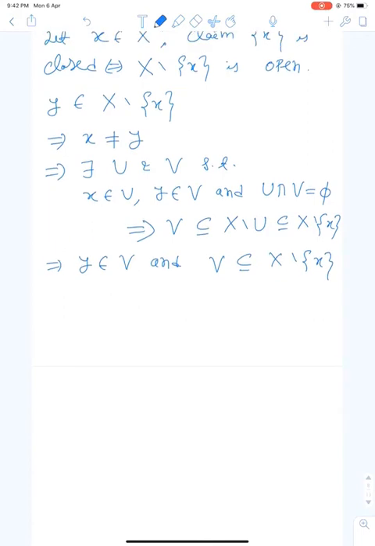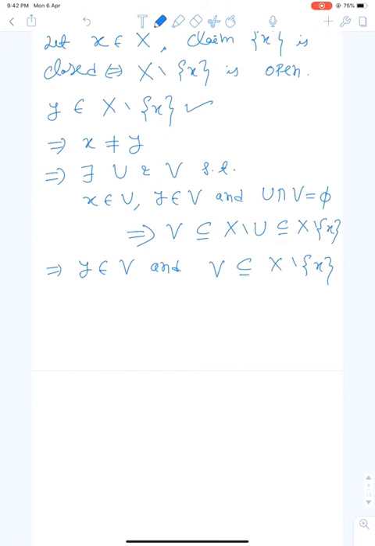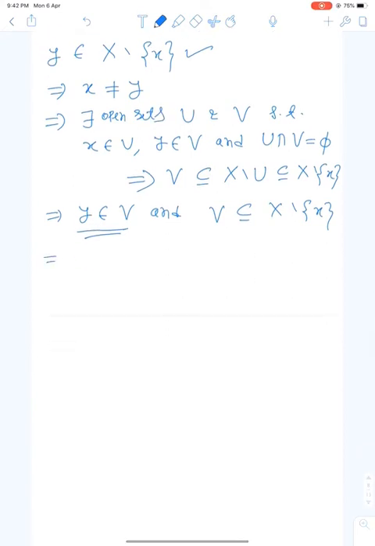So we choose one arbitrary element from X minus {x} and we find one open neighborhood V containing y such that V is a subset of X minus {x}. So this is an open set, right? Now that implies X minus {x} is open, that is, the singleton {x} is closed.